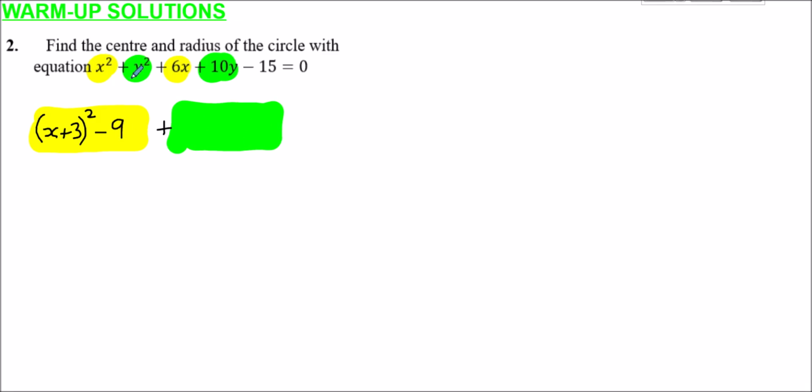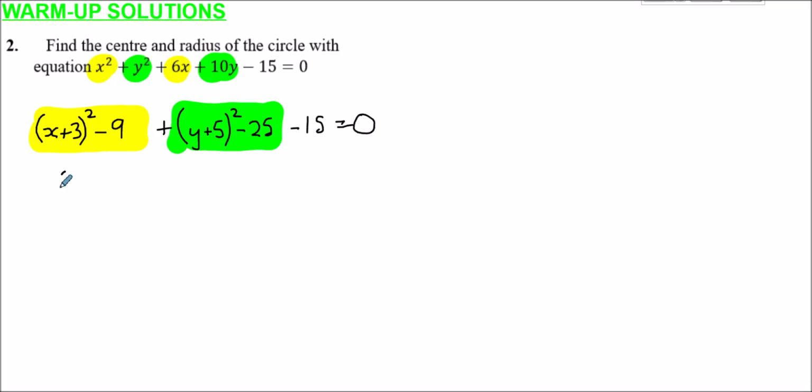So the y terms, we take the y squared and just put the y in brackets, and we half the coefficient of the y, so half of positive 10 is positive 5. We then square that, and minus off this term all squared, so 5 squared, we minus off 25. Don't forget about minus 15 at the end. We have it equal to 0.